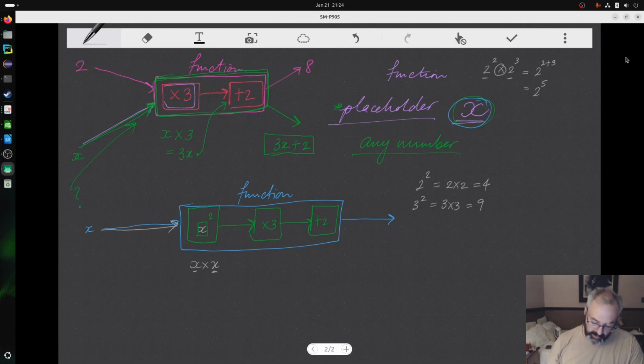Now, why can we do it here? Because, ladies and gents, this placeholder, which is denoted by the letter x, is the same placeholder. And it must be the same because we are squaring it. 2 to the power of 2 means 2 times the same 2.